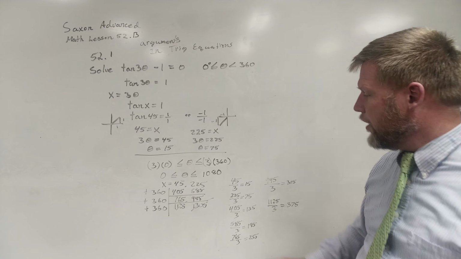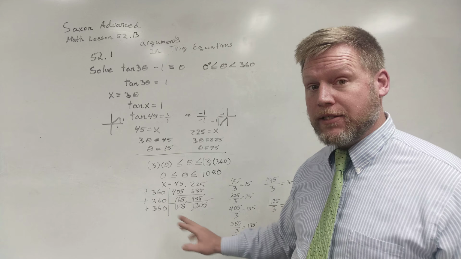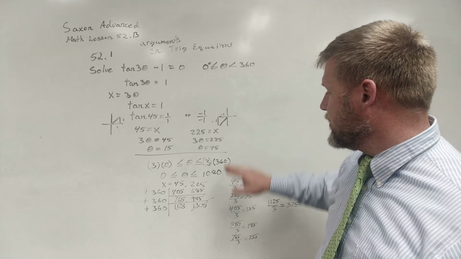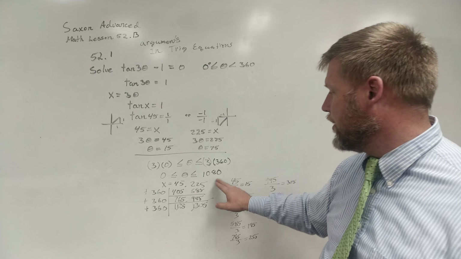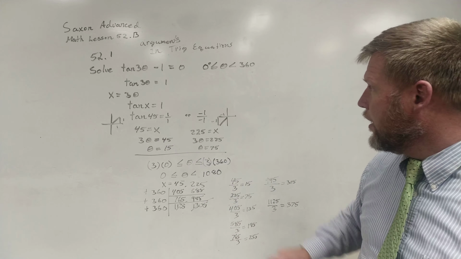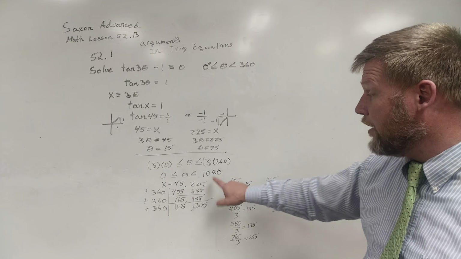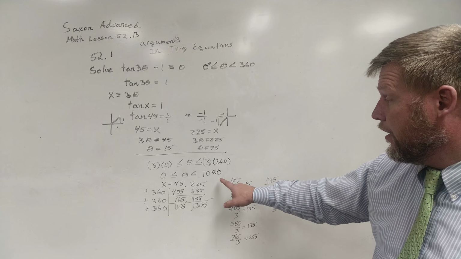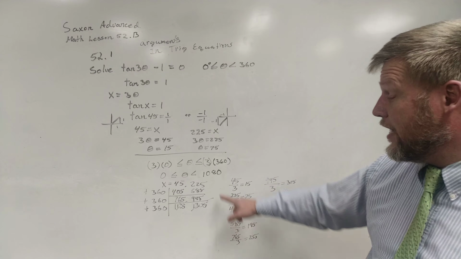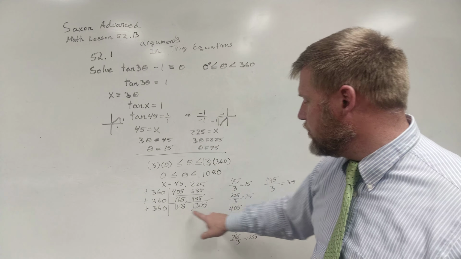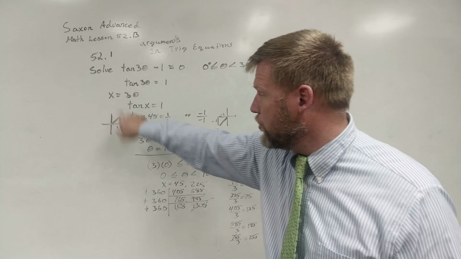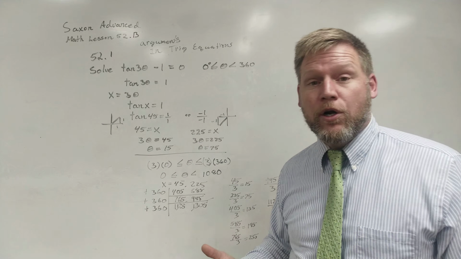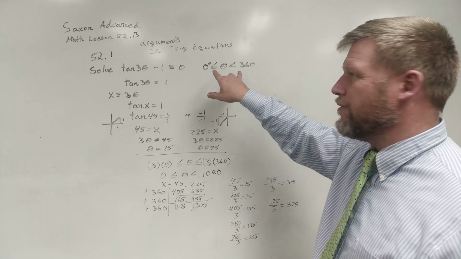Now I was able to stop right here because I already knew that 3 times 360 is 1080. So any values greater than or equal to 1080 are not allowed. So I know that these numbers here, even though they are multiples of going around the circle and it would work, they don't work within the range defined.